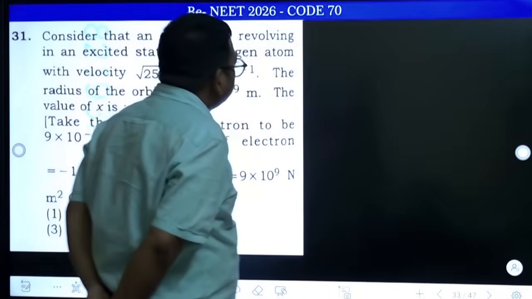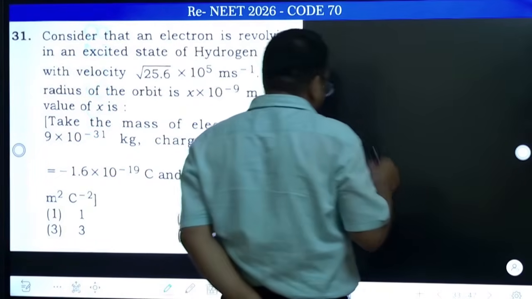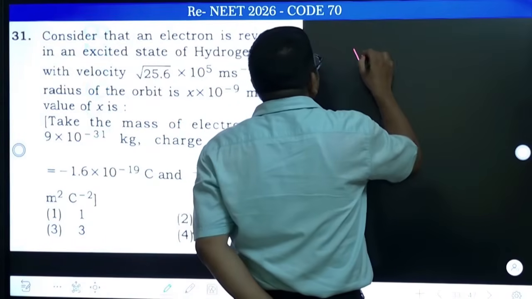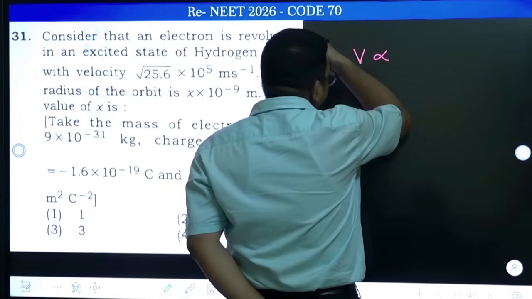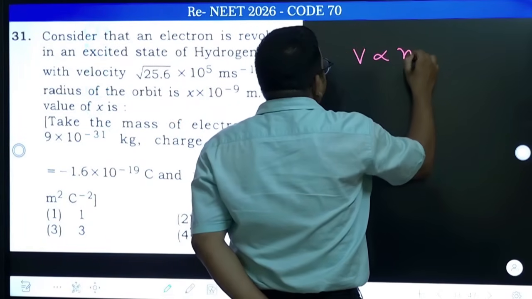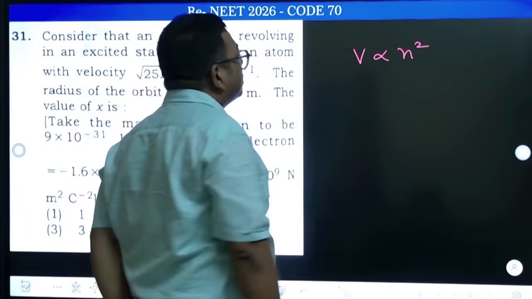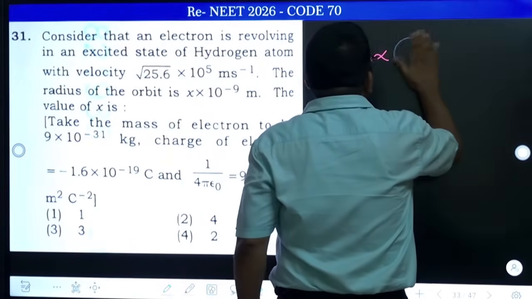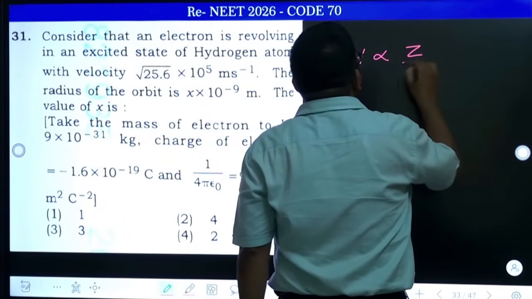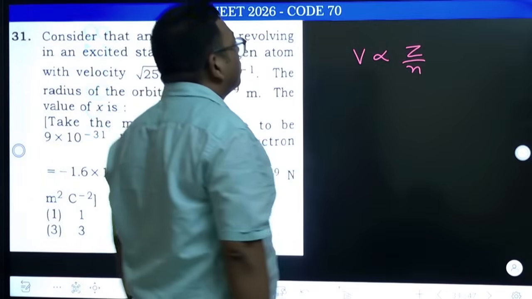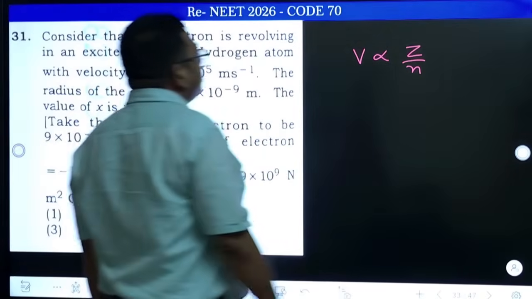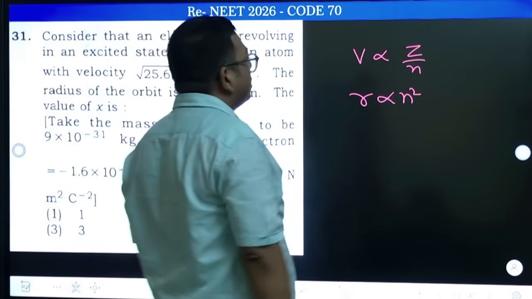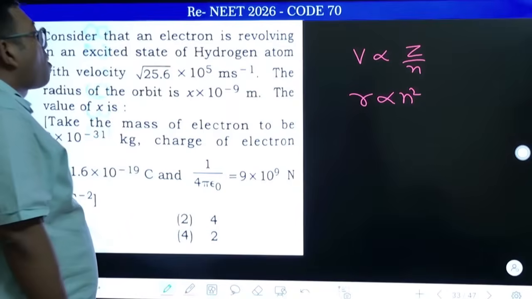What is the radius? We need to know the formula for how speed and radius are related. V is proportional to Z by n, and radius is proportional to n square.